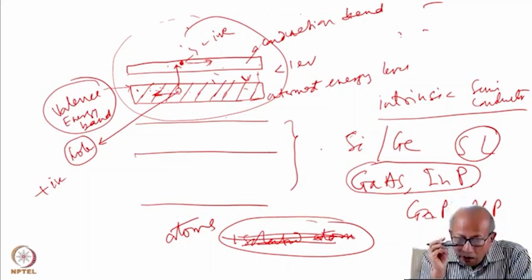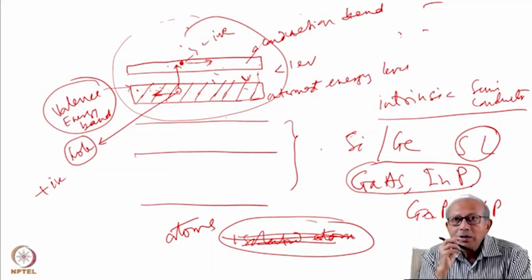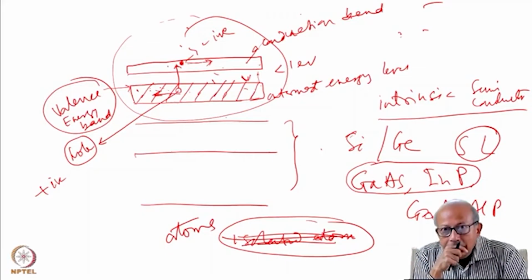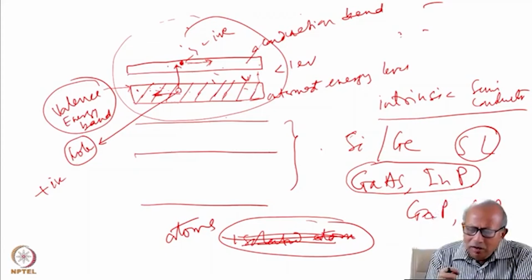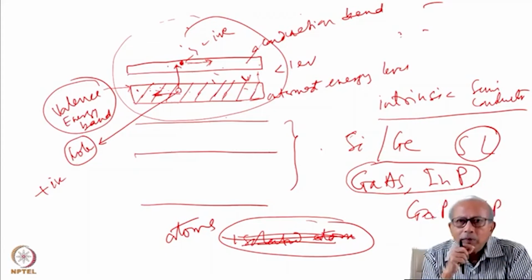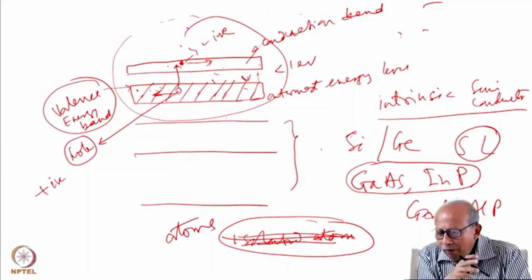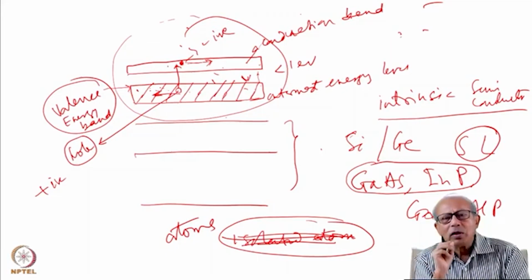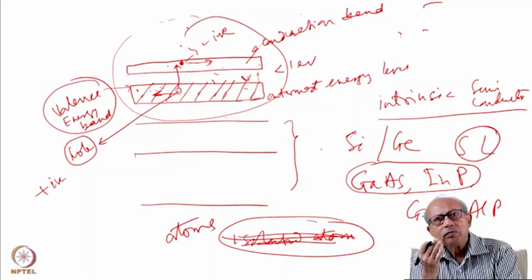However, the conductivity can be tailored in a remarkable manner if the intrinsic semiconductor is doped by a trace quantity of certain types of impurities.